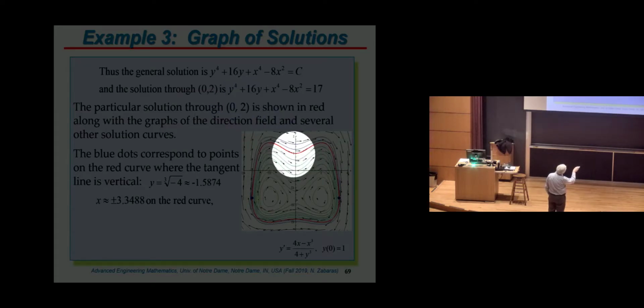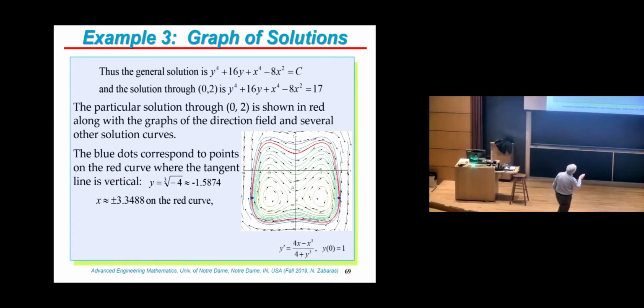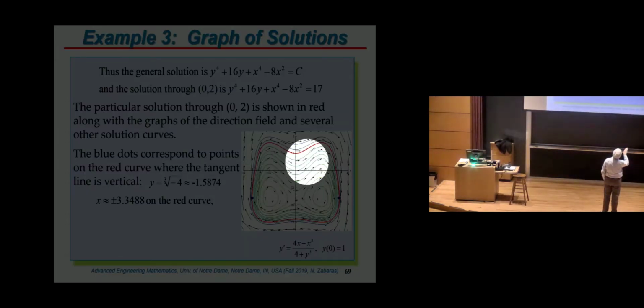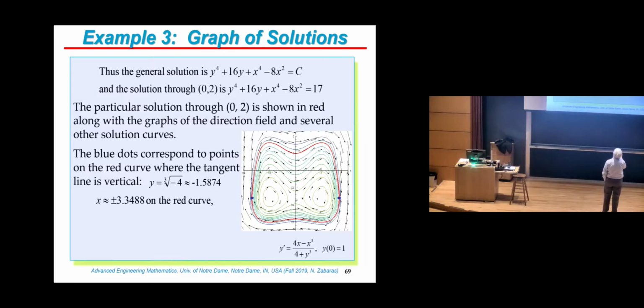It passes through this point. At x equals 0, it passes through the point, is that 2? No, wrong. The initial condition has to be, at x equals 0, y equal to 1.